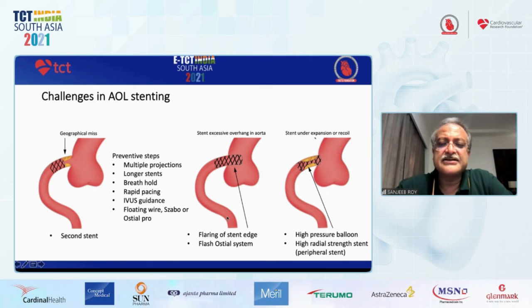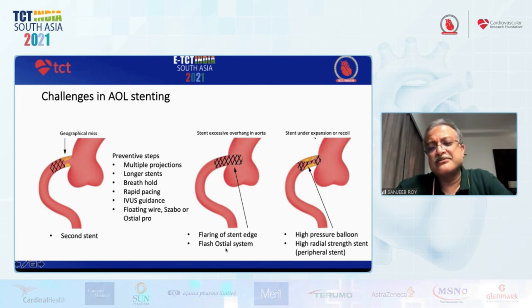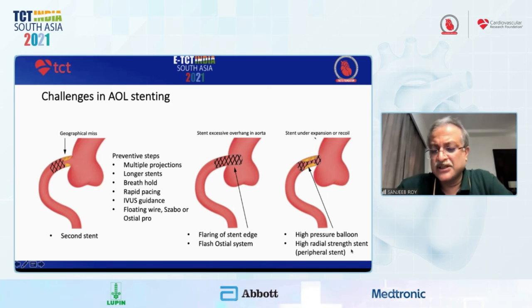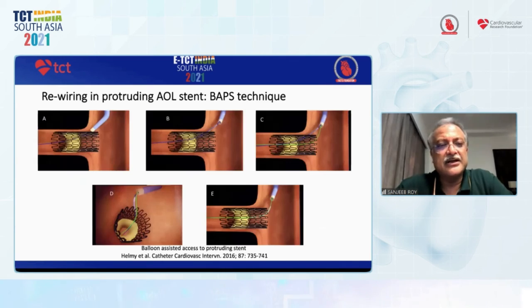In such cases, we might need flaring of the edge, and the Ostial Flash balloon system is often helpful. The third complication can be stent under-expansion or recoil, and in the worst scenario, sometimes a peripheral stent like a renal stent has also been used where the stent recoil happens repeatedly after a lesion.